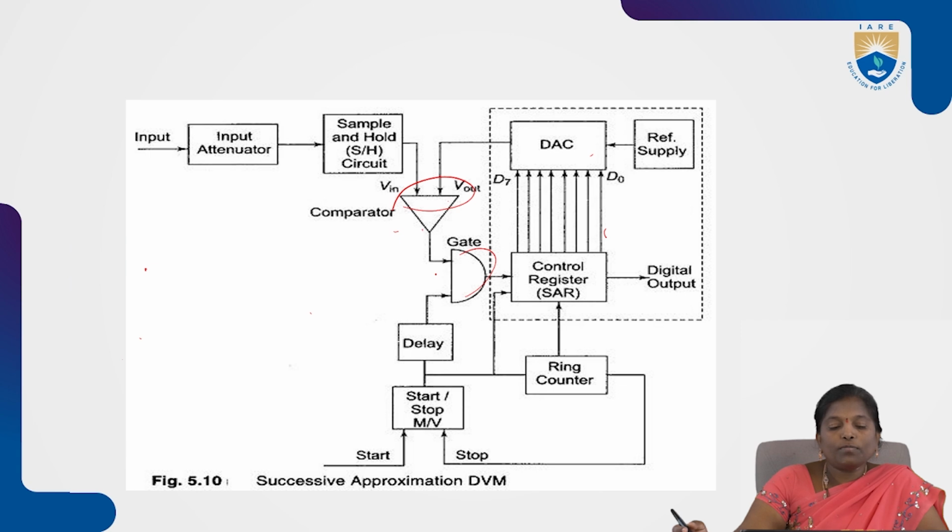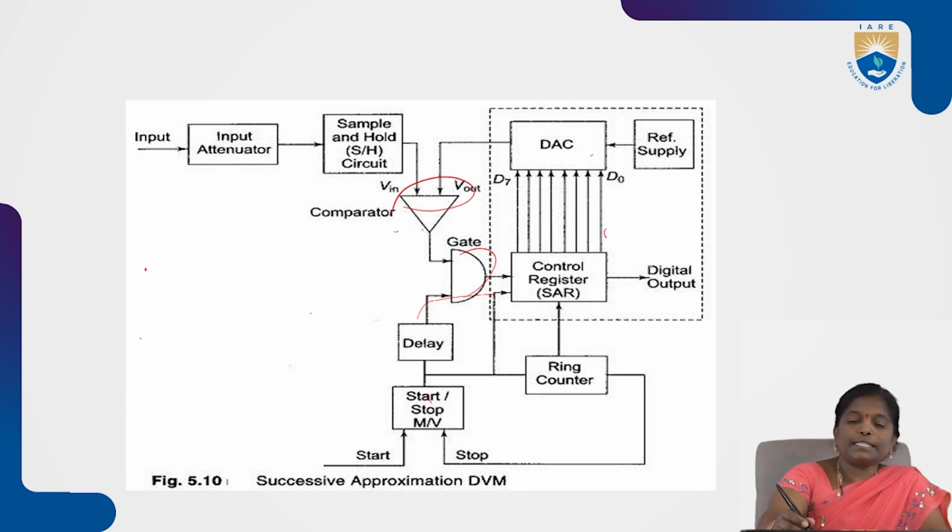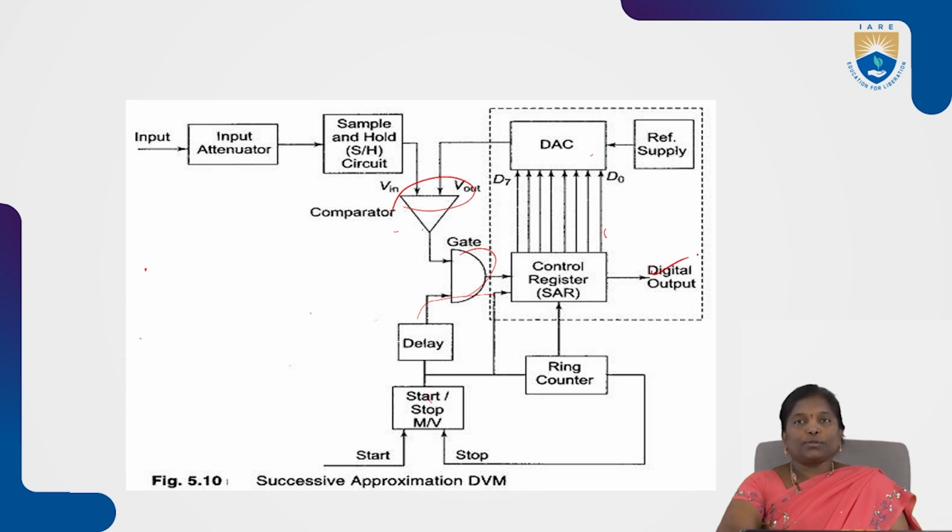Then with the help of this delay counter, we are transmitting the number of clock pulses through the SAR, and how many clock pulses pass through this SAR will be counted with the help of the ring counter, and that is displayed on the display unit. This is the way how we can find out the output voltage with the help of the successive approximation type of digital voltmeter.